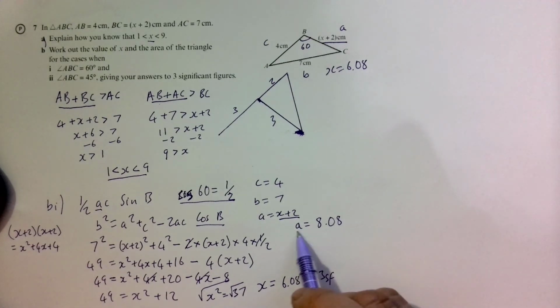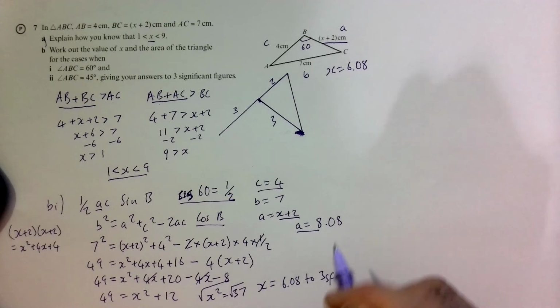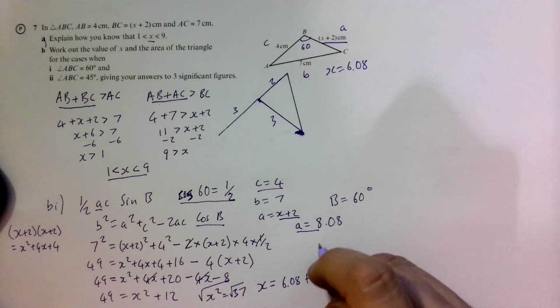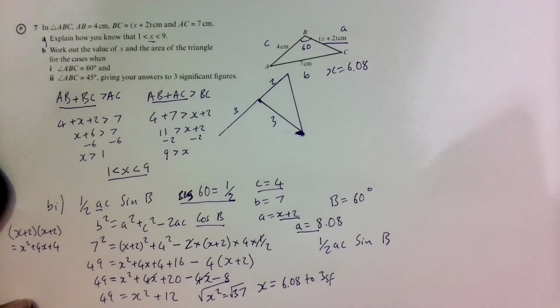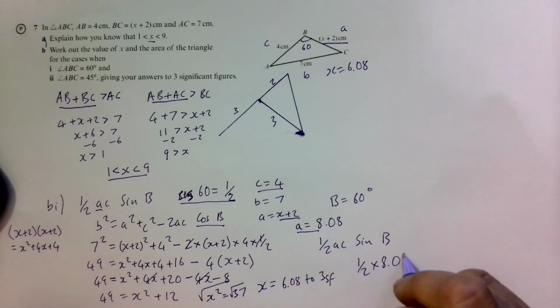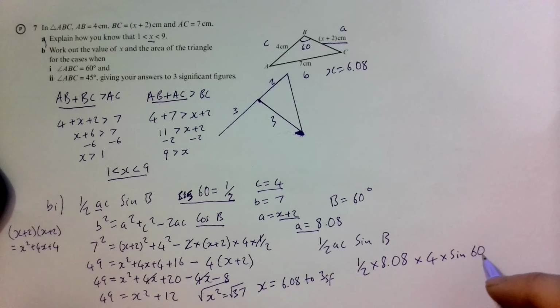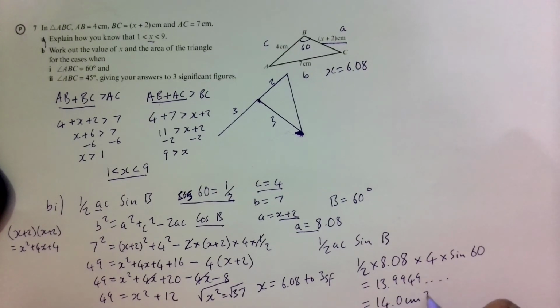Now we've got a, and we've got c, and we've got b equals 60 degrees, so we can substitute into that formula half ac sine b to find the area. So we get a half times 8.08 times 4 times sine 60, which is going to equal 13.9949. So that equals 14.0 centimetres squared.